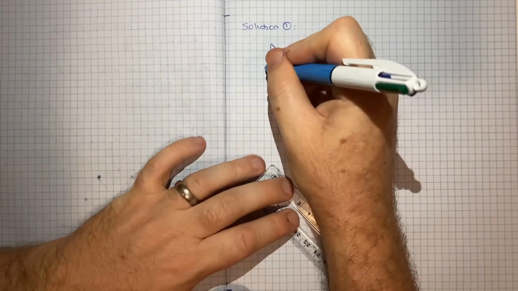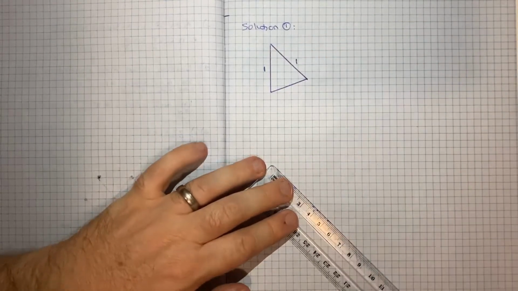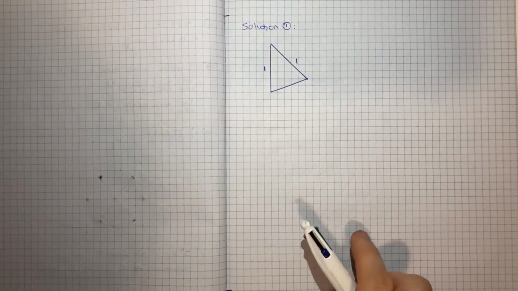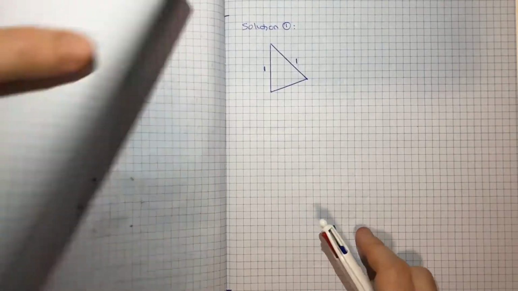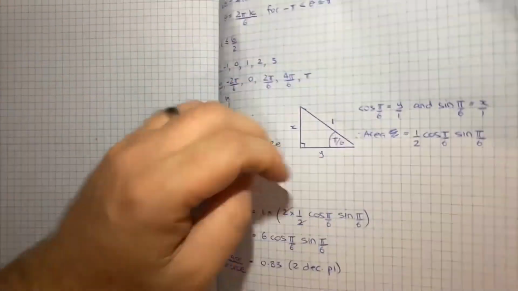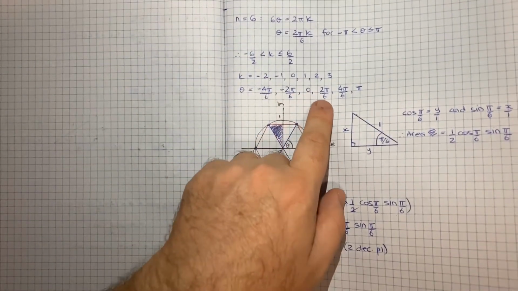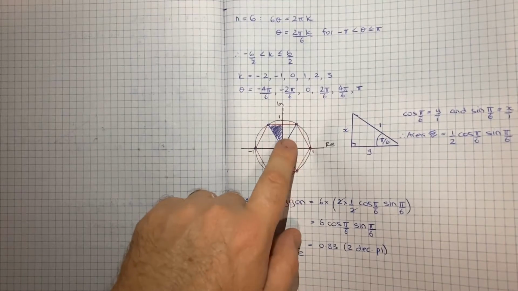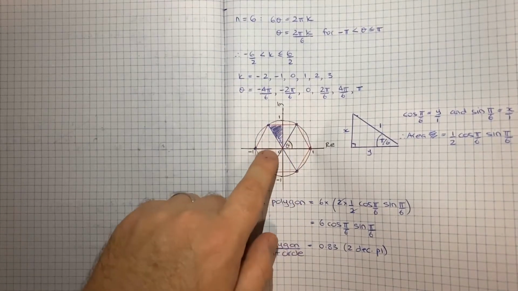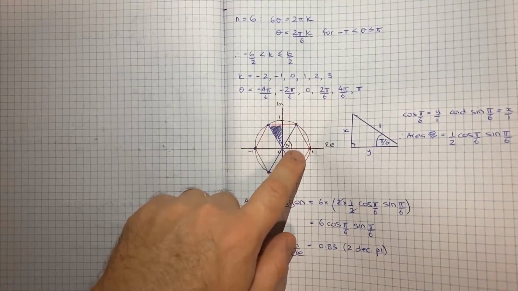And we know the length of this line is 1 and this line is 1. And if we go back to our n is equal to 6, here we are, the angle here was 2 pi on 6, how far each solution moved.